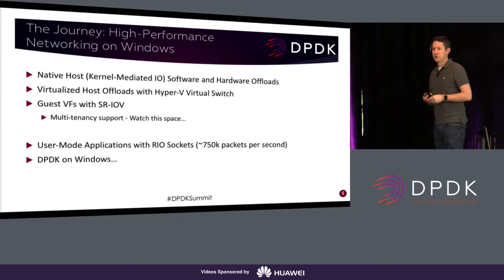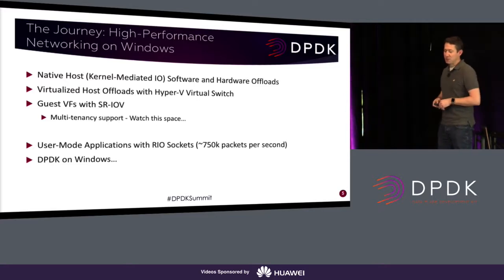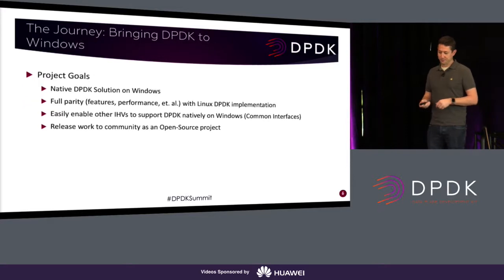That didn't really go far enough, though. Some of the evidence we've seen, RIO taps out at about 750,000 packets per second in some of our internal testing. And so because of this, we're wanting to bring DPDK to Windows.